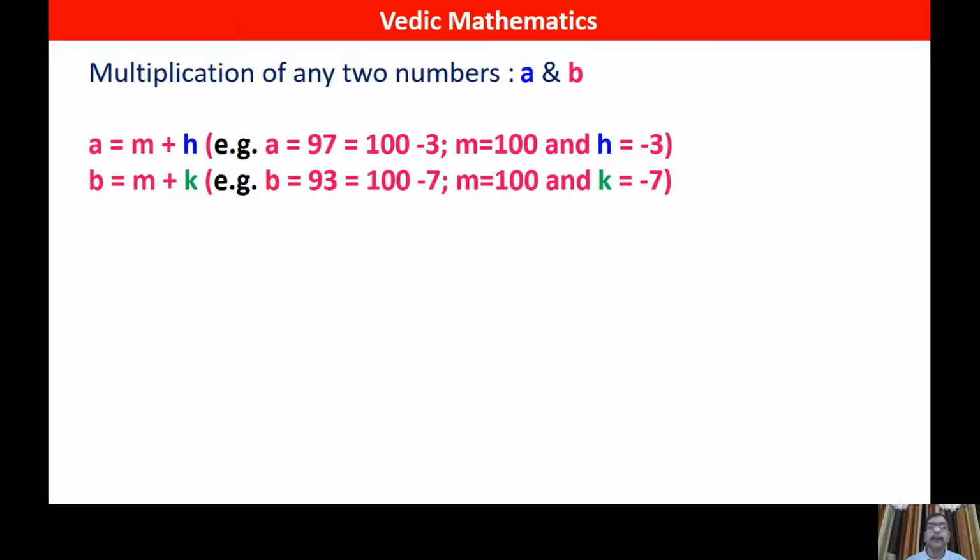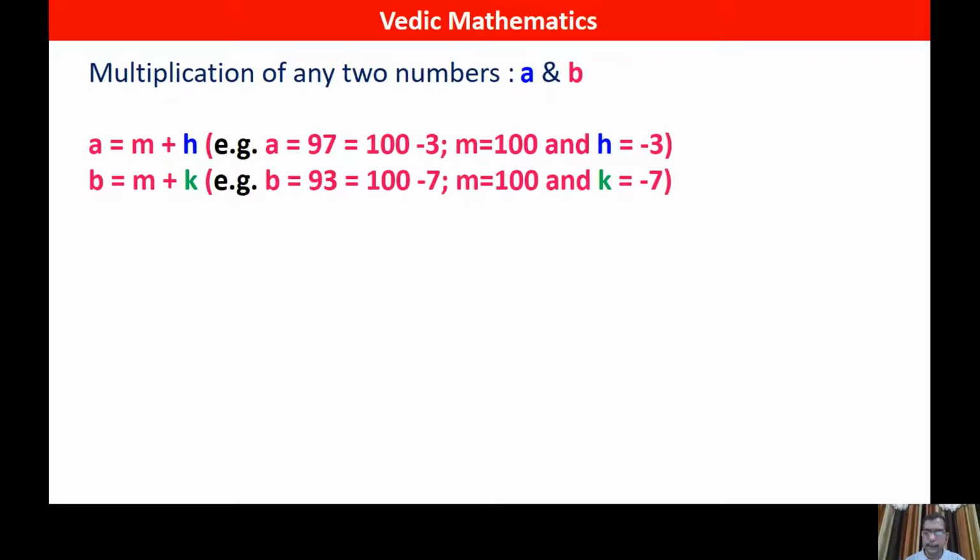For those numbers, we will look at how we multiply them and what is the best way so that even large numbers can be multiplied in an easy way by adopting only addition or subtraction.